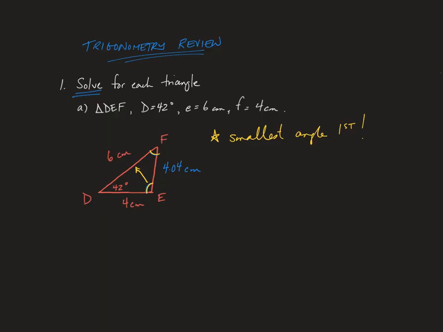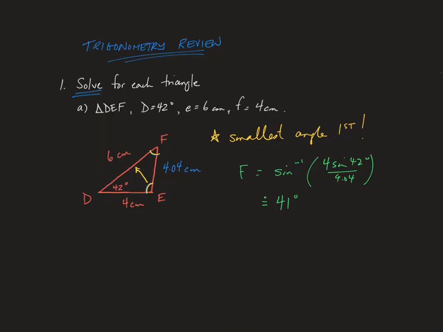So if I make the decision to solve for the smallest angle first, then I'm going to find angle F, because I know that when I take the inverse sine of that big ugly mess, what my calculator spits out will be correct.